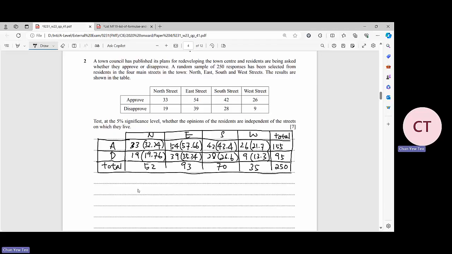So now we are ready to do the hypothesis. First of all, we need to write down the null hypothesis and alternative hypothesis. The null hypothesis is that we can copy the whole statement here.